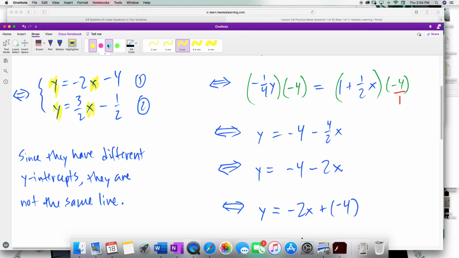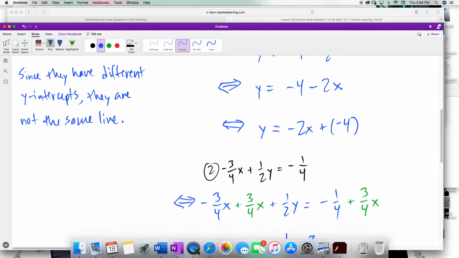However, we also know that they have different slopes. Okay, so since they don't have the same slopes, they're not parallel.